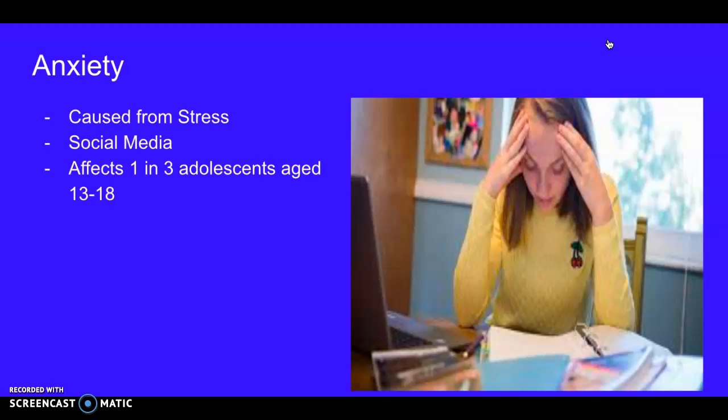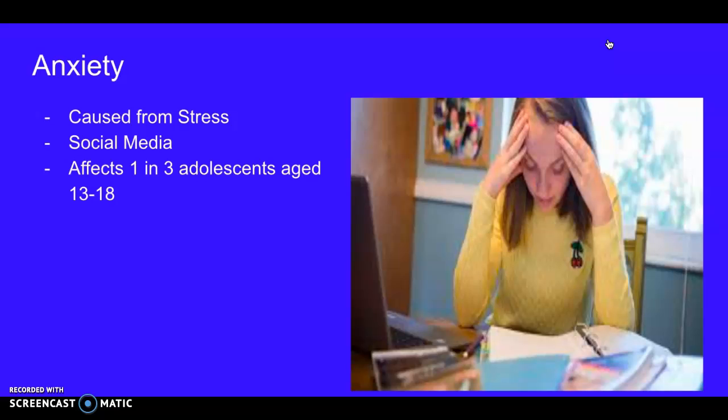Social media is also a big part of anxiety, as today's teens are constantly connected to social media, and so too is their self-esteem. It becomes connected to responses to social media posts. It's hard for them not to compare their life and social connections to what they see others posting on social media.